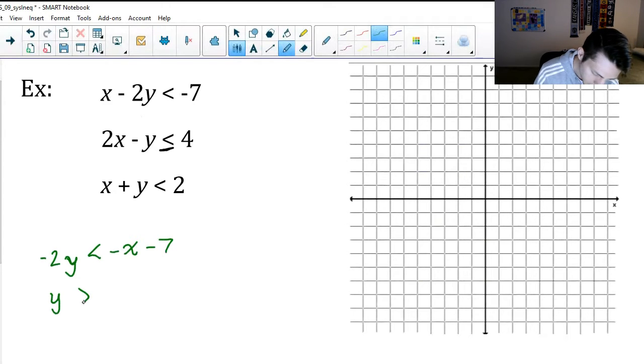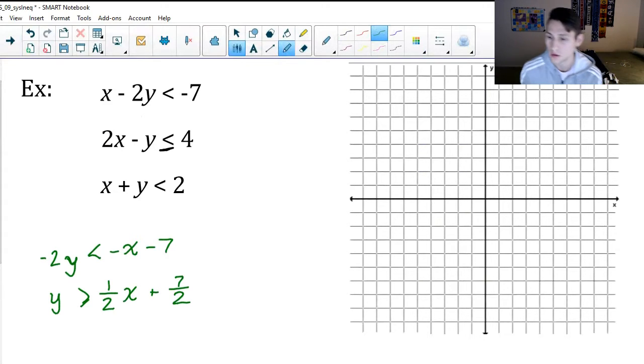Now remember, if we divide by a negative, we need to change the direction of the inequality. Negative x divided by negative 2 gives me 1/2 x. Negative 7 divided by negative 2 would be plus 7/2.